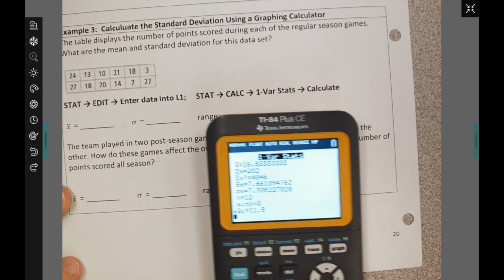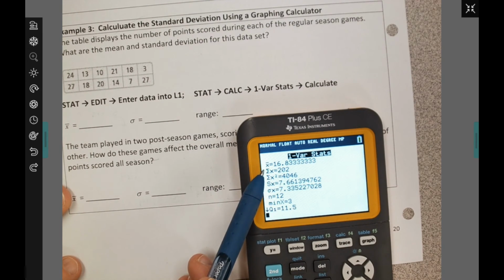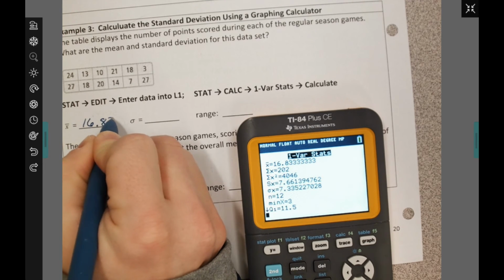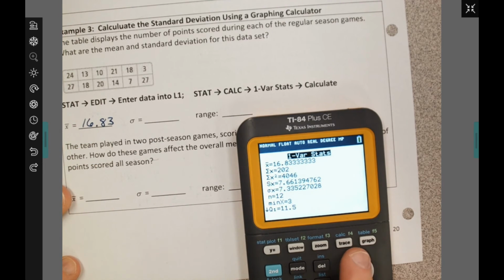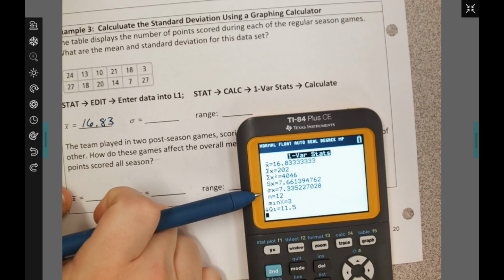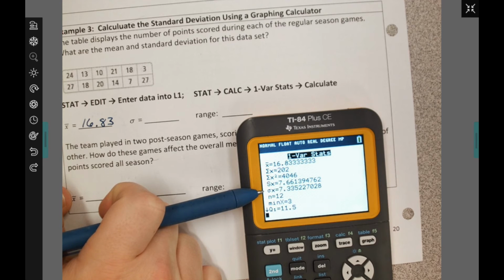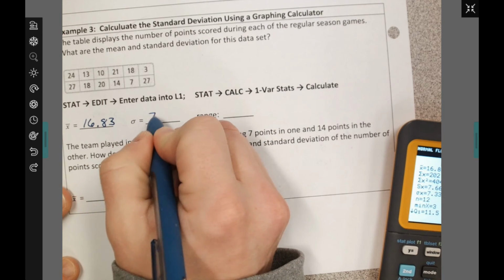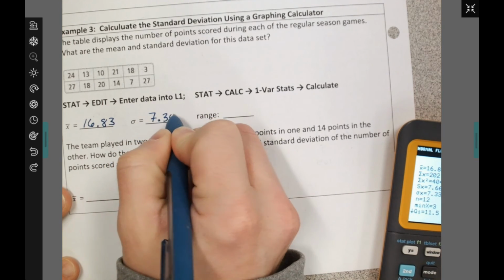So for this, you have X bar, so our mean is going to be 16.83. Our standard deviation, so you're looking for sigma. For some reason on the calculator it goes sigma x, but that's fine. That's what we want. Sigma x is going to be 7.34. Make sure you're rounding properly, 7.34.